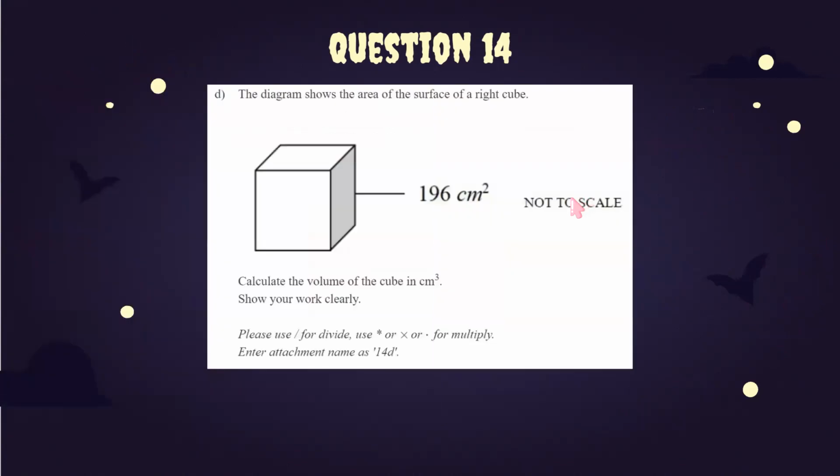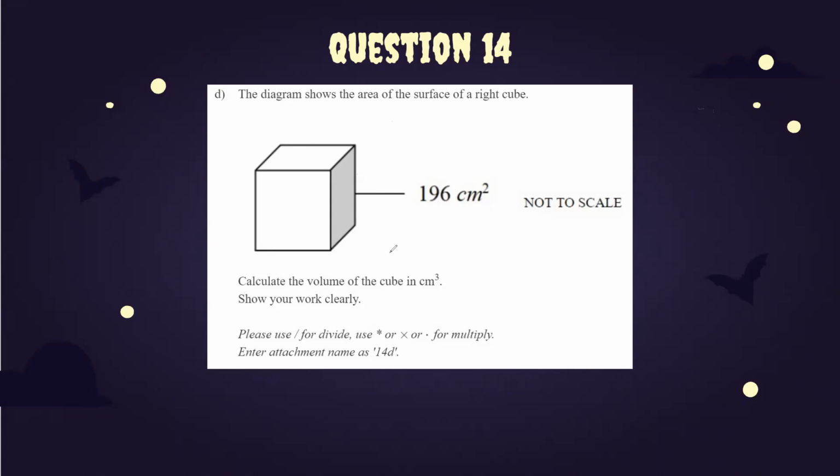And now the last part, number 14D. So this is a cube, and it gave you the area for one of the surfaces of the cube.